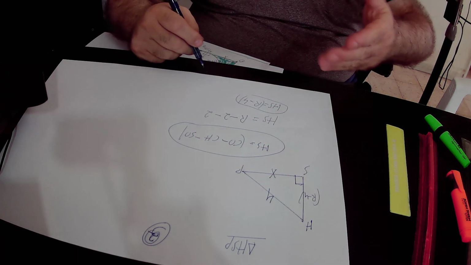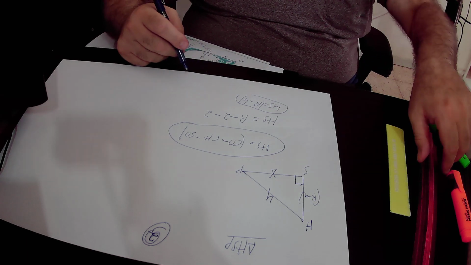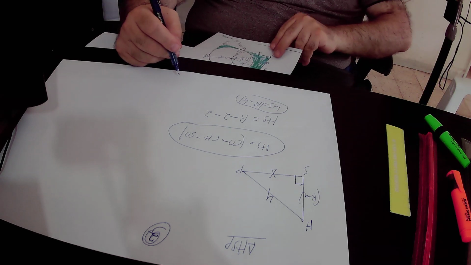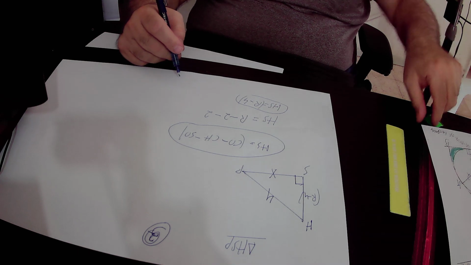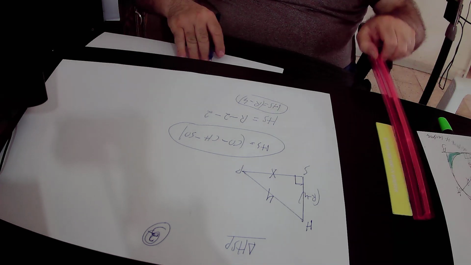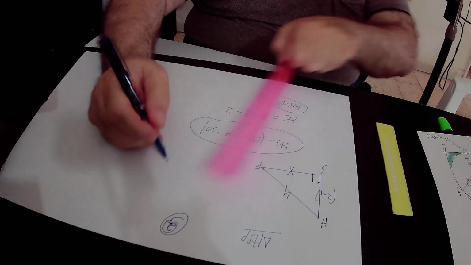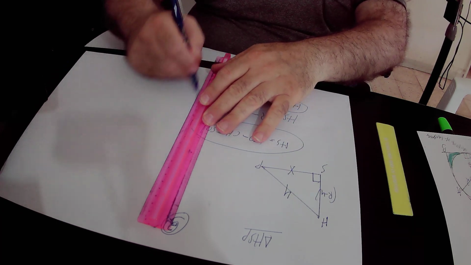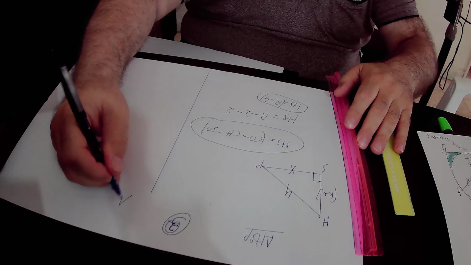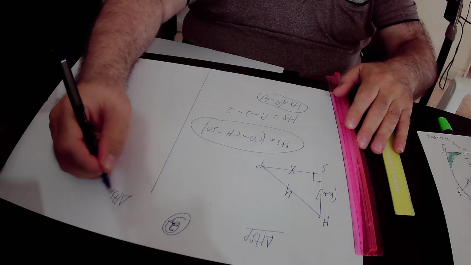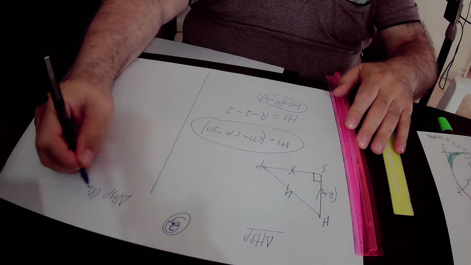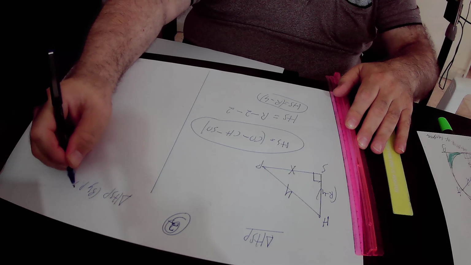Now we implement the Pythagoras theorem in the right triangle HSP. According to the Pythagoras theorem, in the right triangle HSP, by PT is a relation for Pythagoras theorem.